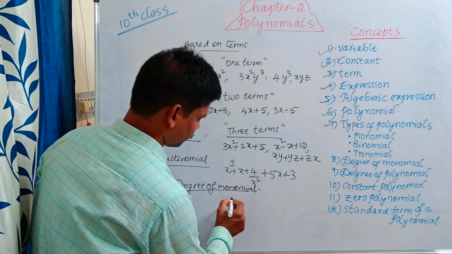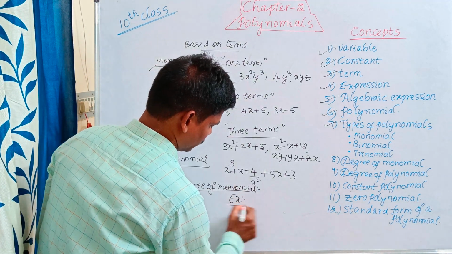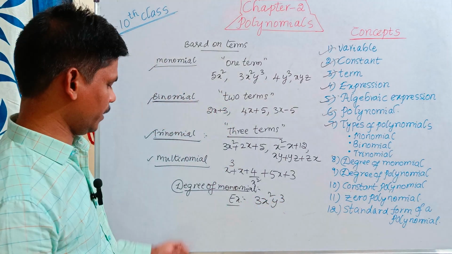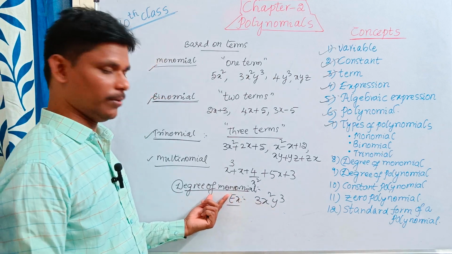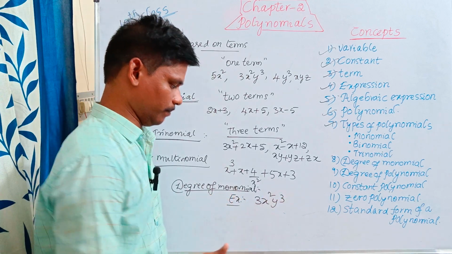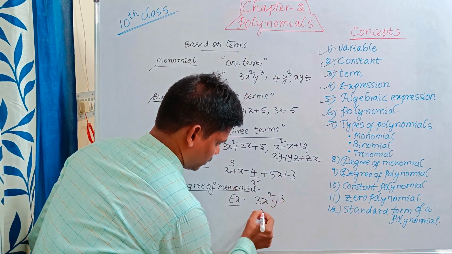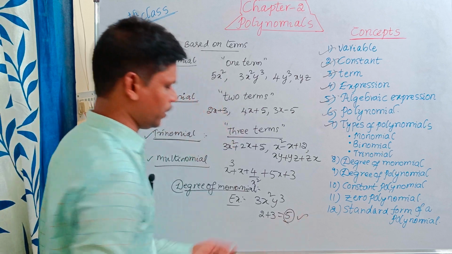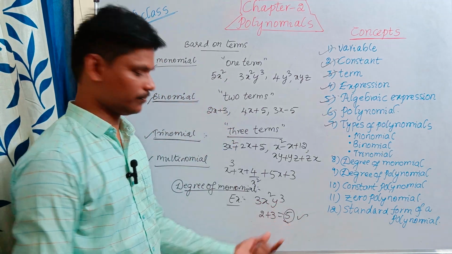For example, 3x square y cube. How is it found? The sum of all powers of the variables of the term. Here the powers are 2 plus 3, that is equal to 5. So the degree of this monomial is 5.